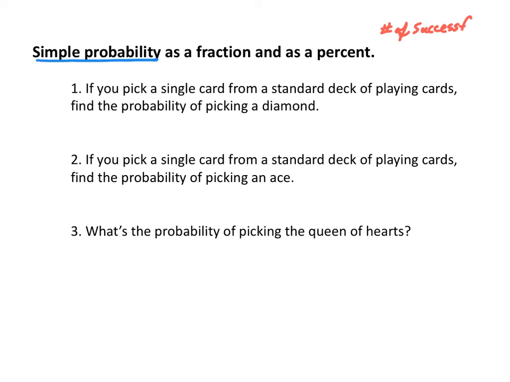That's the way we spell success. Number of successful outcomes over the total number of outcomes. Since it's like part out of a total, then we can express that as a percent.